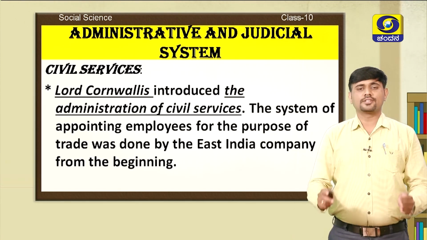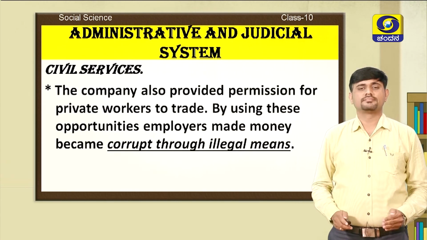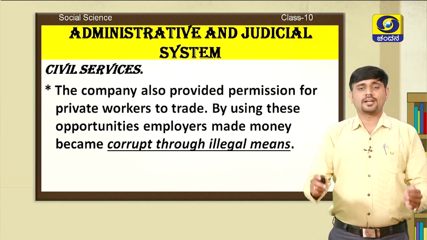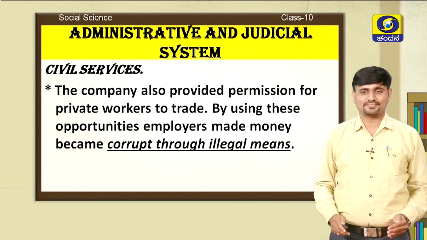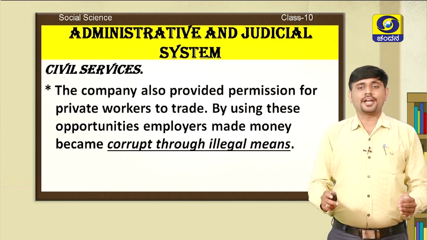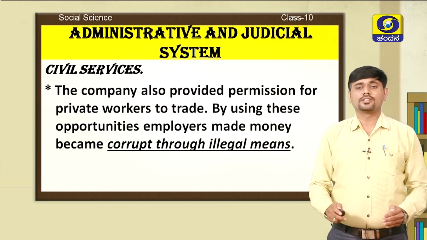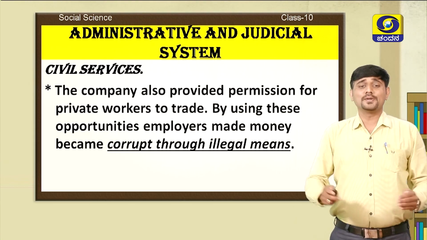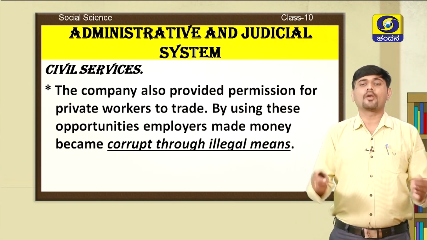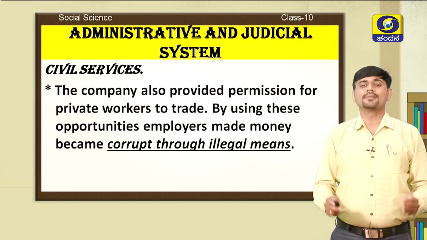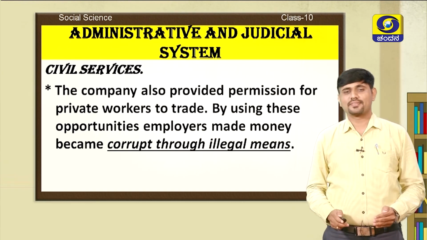In that, the first one, civil services. He was called the father of the civil services in India. The company also provided permission for private workers to trade. By using these opportunities, employees made money and became corrupt through illegal means.